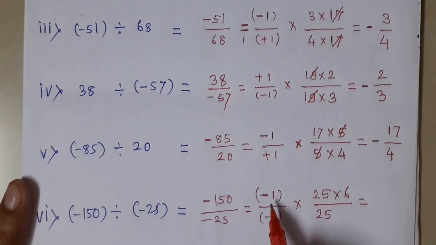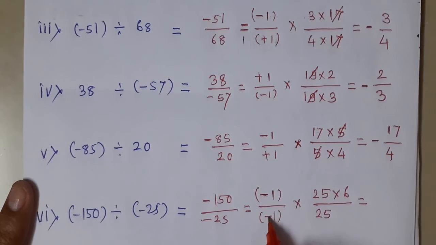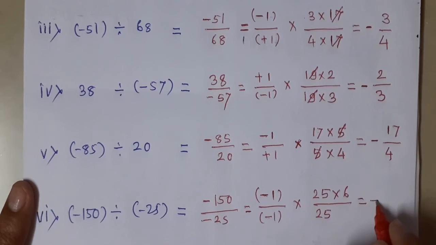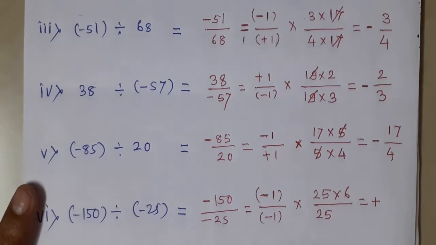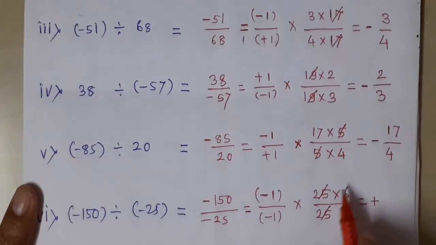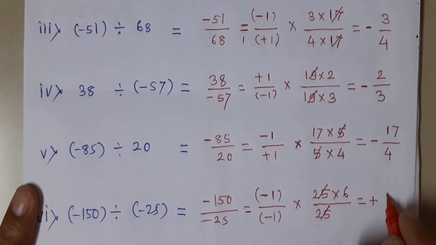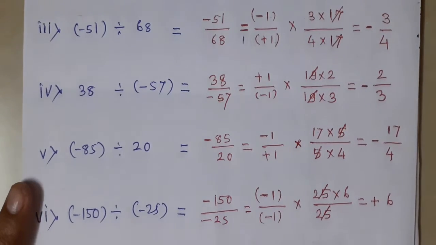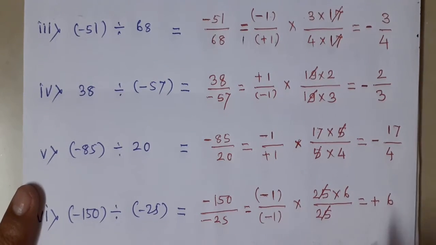When we divide a negative integer by a negative integer, the result is always positive. The 25 is common, so I cancel it. 6 ones are 6, so the result is plus 6.